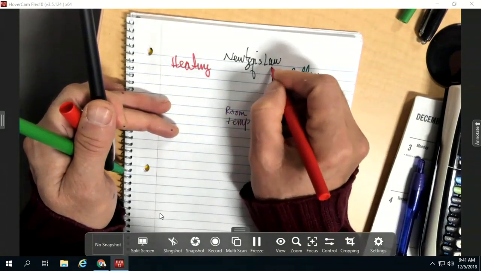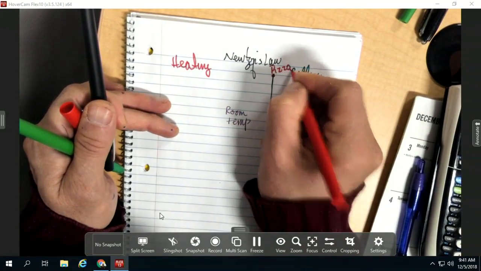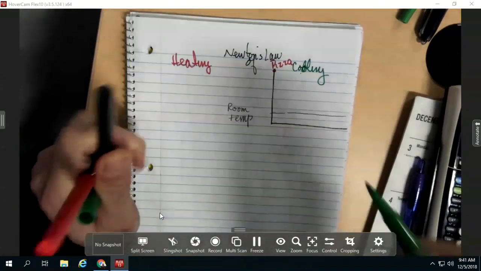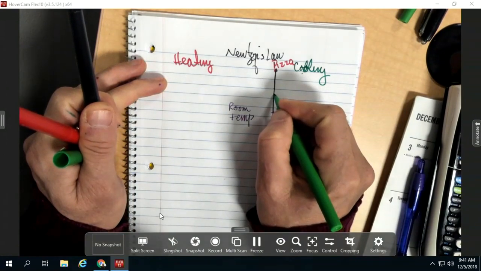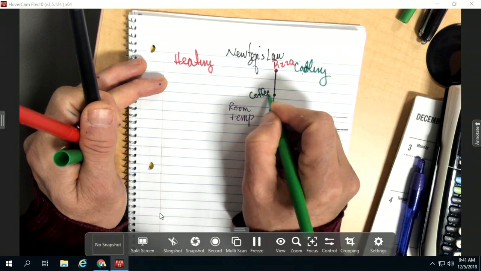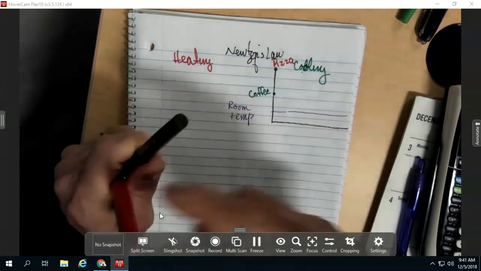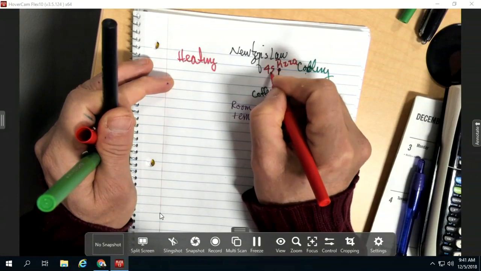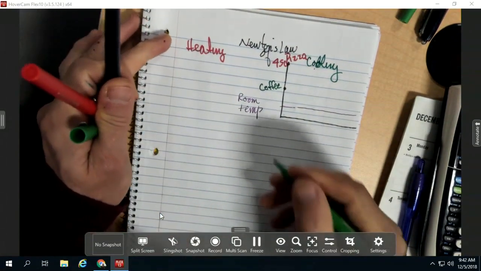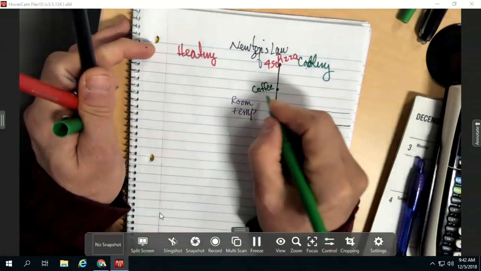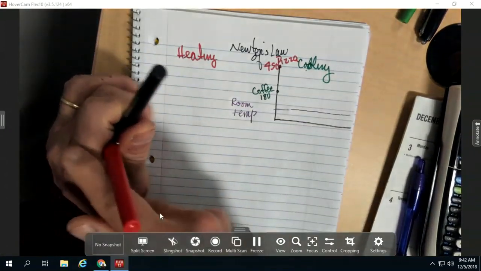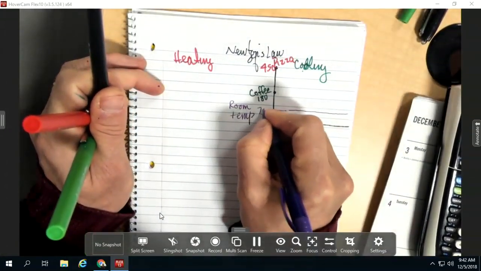So I'm going to make pizza here in red. I'm going to make coffee in green. Now, pizza, it said, started out at 450 degrees. Coffee, let's say it starts out, I don't know, 180 degrees. And room temperature, let's say, is 70 degrees.